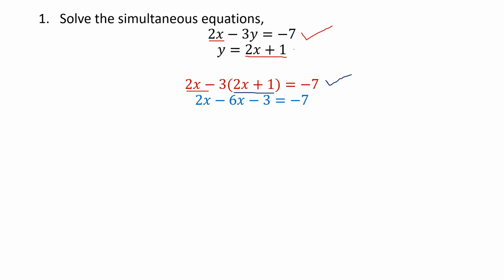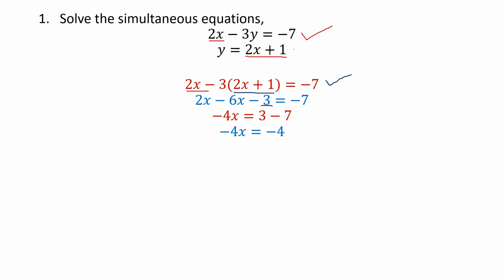Right, let's now simplify the left hand side, at the same time taking minus 3 to the other side. If we simplify this side, 2x minus 6x is minus 4x, which is equal to, as this 3 changes side, it also changes sign, so it will be 3 minus 7, and this simplifies to minus 4.